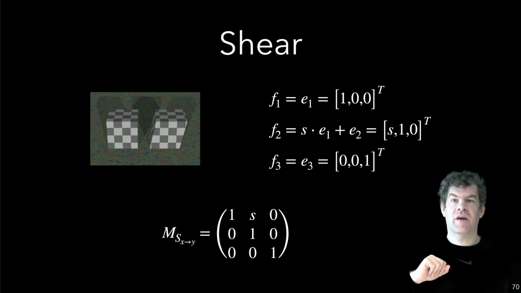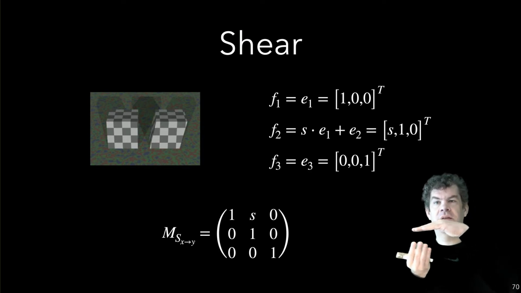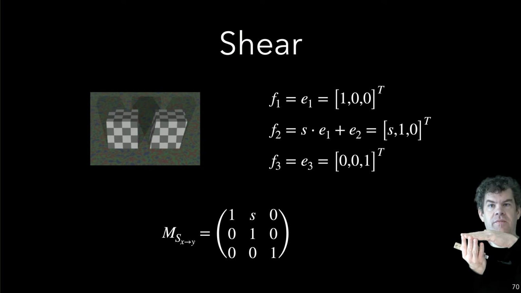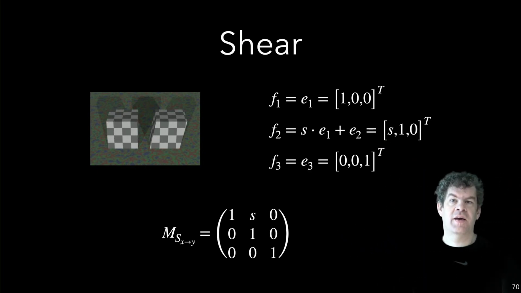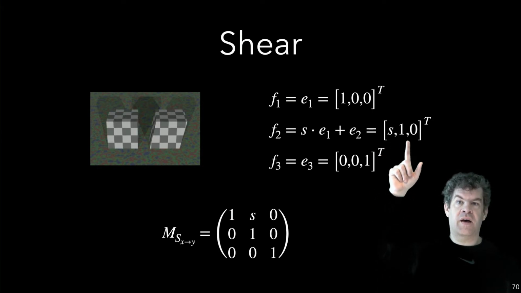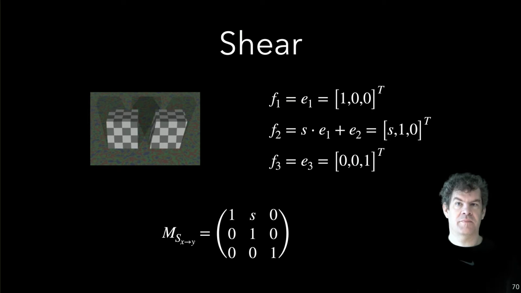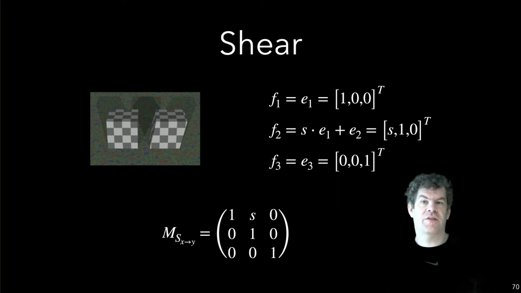So if I take s times the unit vector e1 plus e2, I basically move a little bit to the right and a little bit up. Then the further I go up, the further I get pulled to the right, which makes sense, right? We want to pull to the right. So I basically get a higher x coordinate the higher my input coordinates, and in z direction nothing changes again.